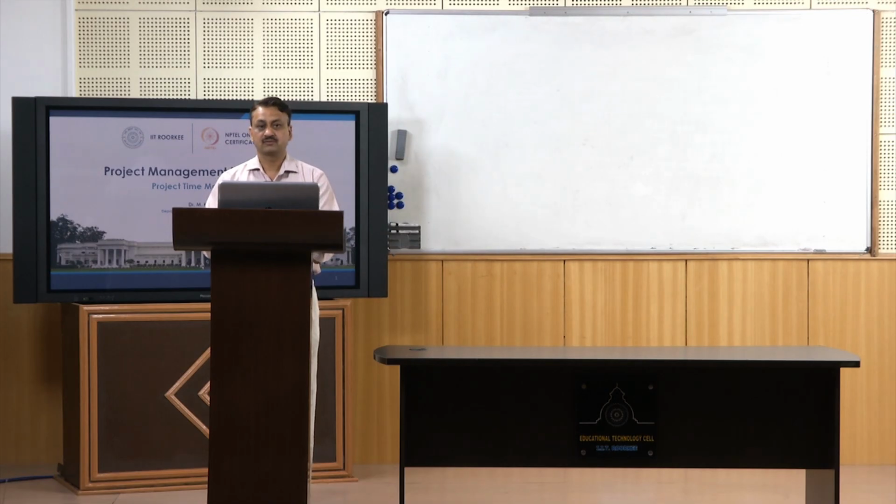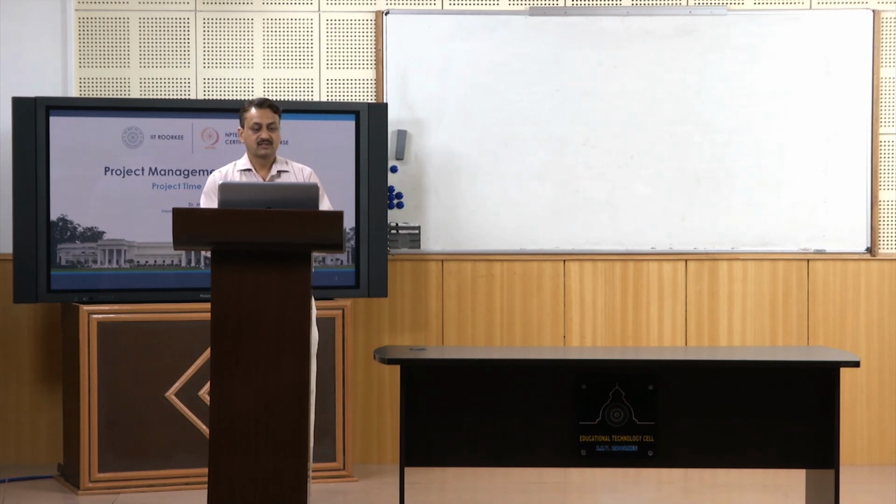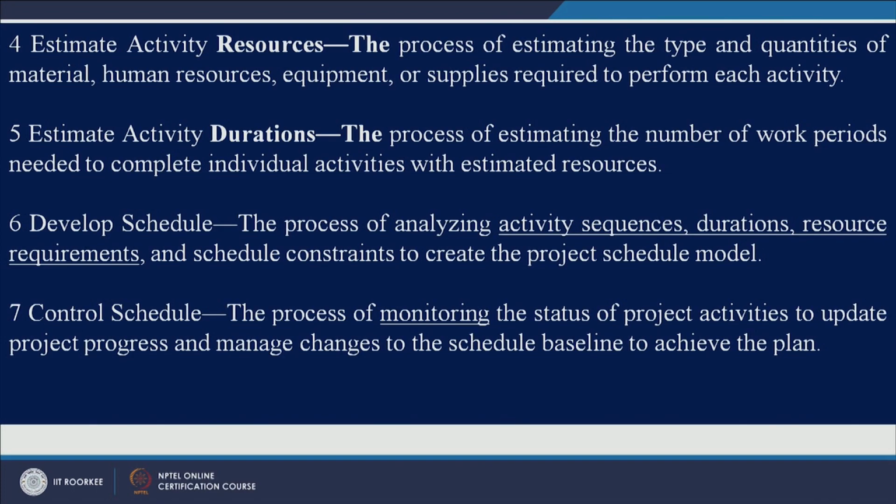The duration of an activity can be decided on the basis of, let's say, whether you have performed a similar activity in previous projects, so to some extent you know how much time this particular activity will take, right? Otherwise there are some other methods also, right? So you should identify how much duration that activity will take.